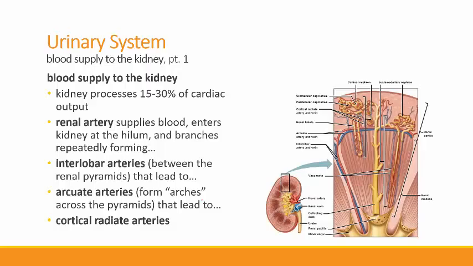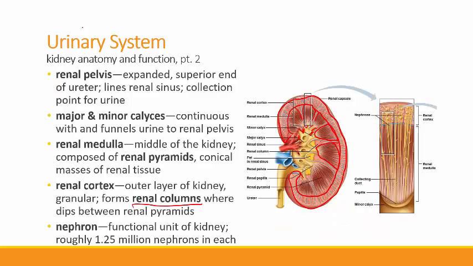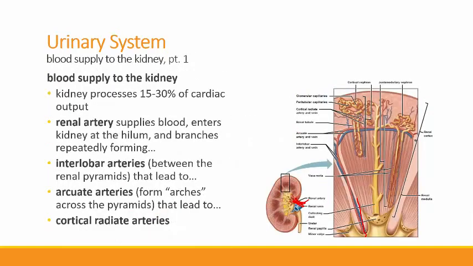So blood comes in here at the renal artery, and then the artery branches and branches until eventually we form these small interlobar arteries. So this red line that I'm drawing is trying to follow the red interlobar artery.